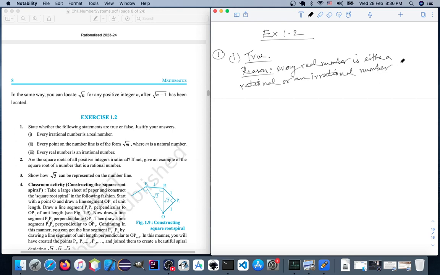This is a pretty good reason. So obviously an irrational number is definitely a real number.